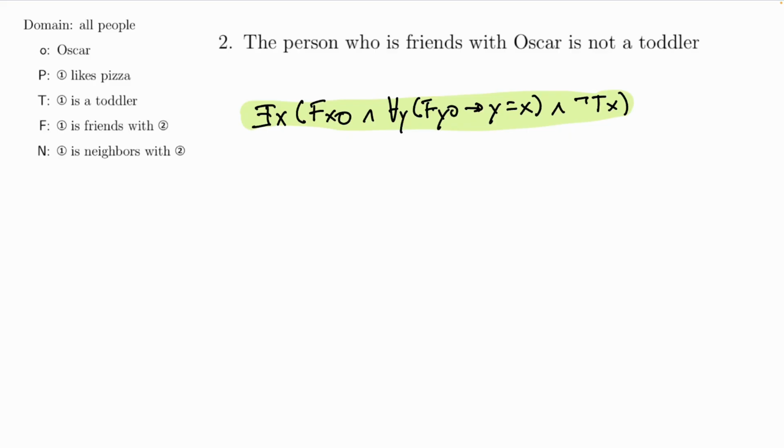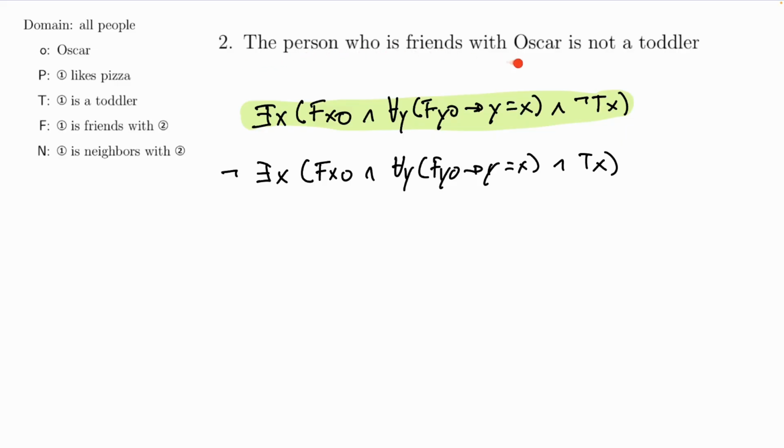That is, perhaps it could be used to express it's not the case that there exists an X such that X is friends with Oscar and is the only individual that's friends with Oscar and is a toddler. Perhaps this English statement could also be used to express this idea.